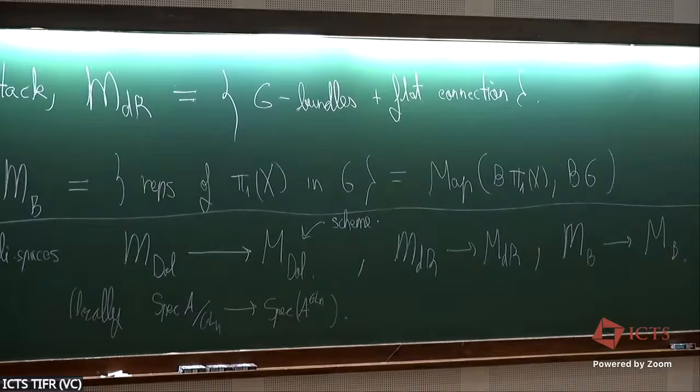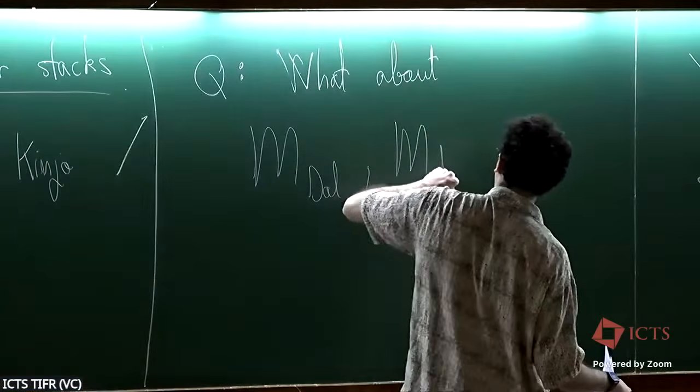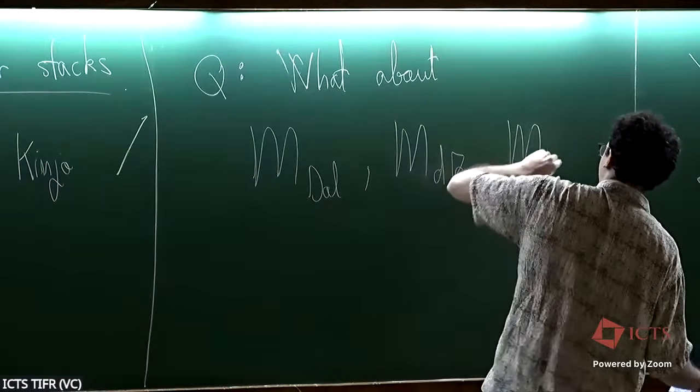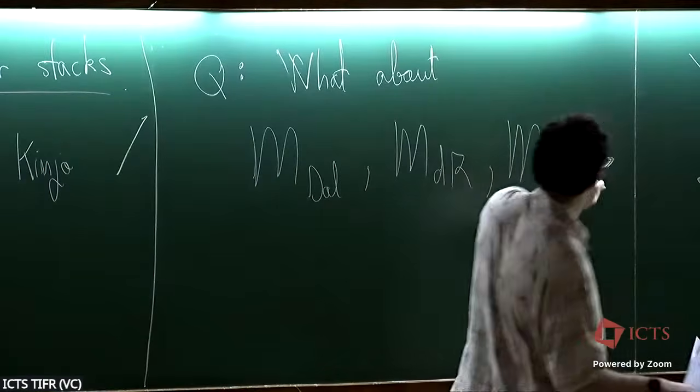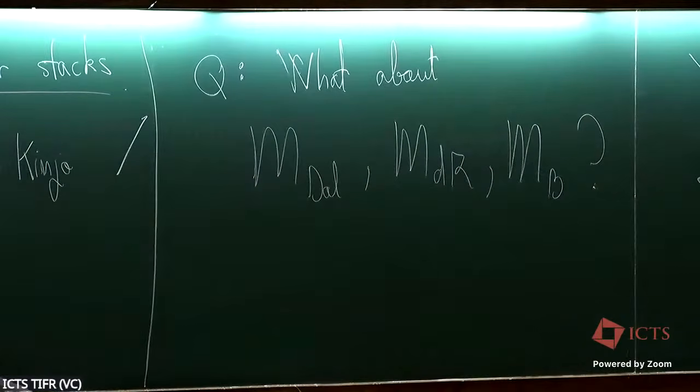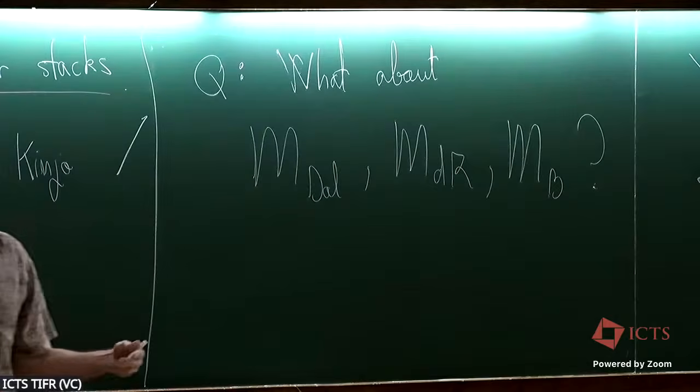All right, so the question for today is, what about the stacks? Curly Dol, de Rham, and Betti. The first question you may ask is, are they homeomorphic in some meaningful sense?